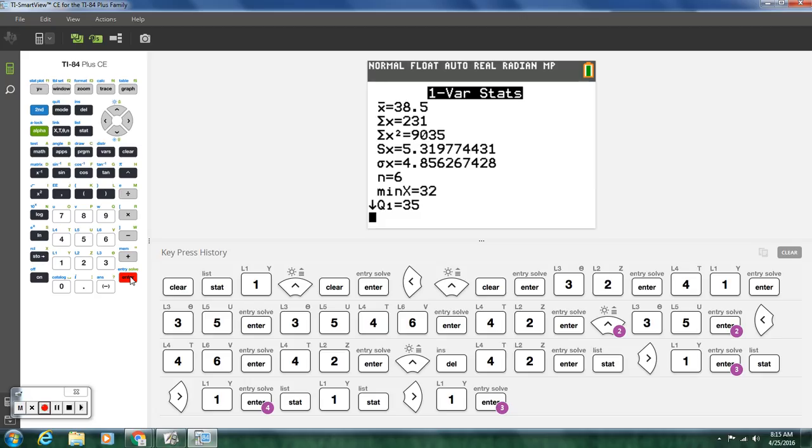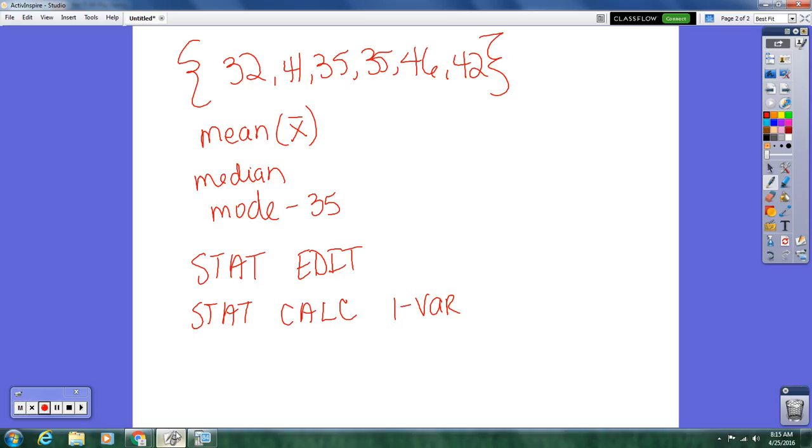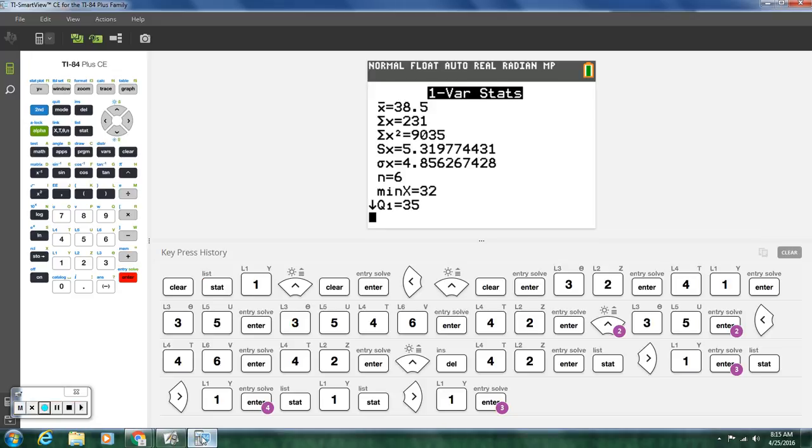Okay, now remember I said X bar. So right here is your mean, is your average, 38.5. Okay, so the mean, 38.5. Now, the median we could find, but if you arrow on down, notice here that's the number of things you put in.